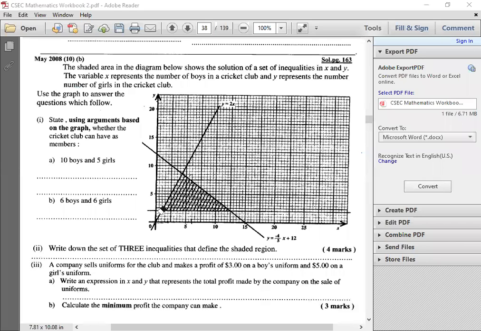All right, that is used in scaling to determine the value of each of the tiny boxes between the large numbers. So from our graph, there are 10 tiny squares between 0 and 5.